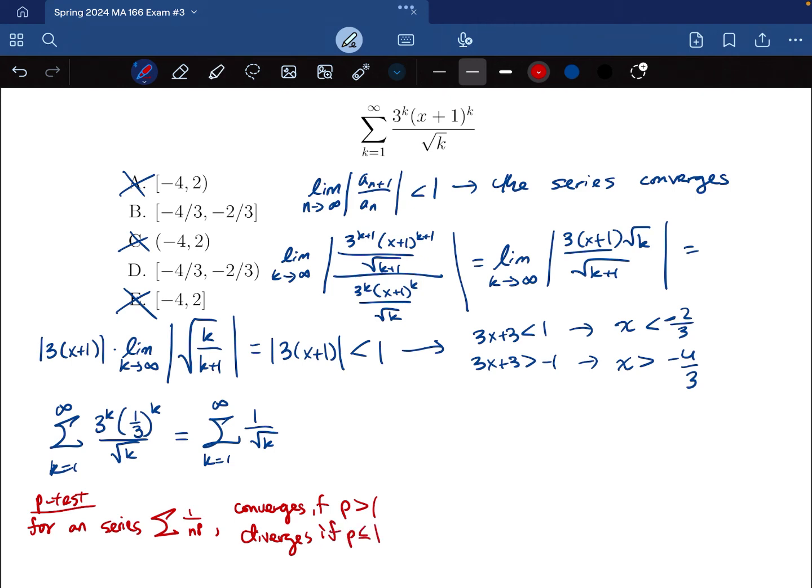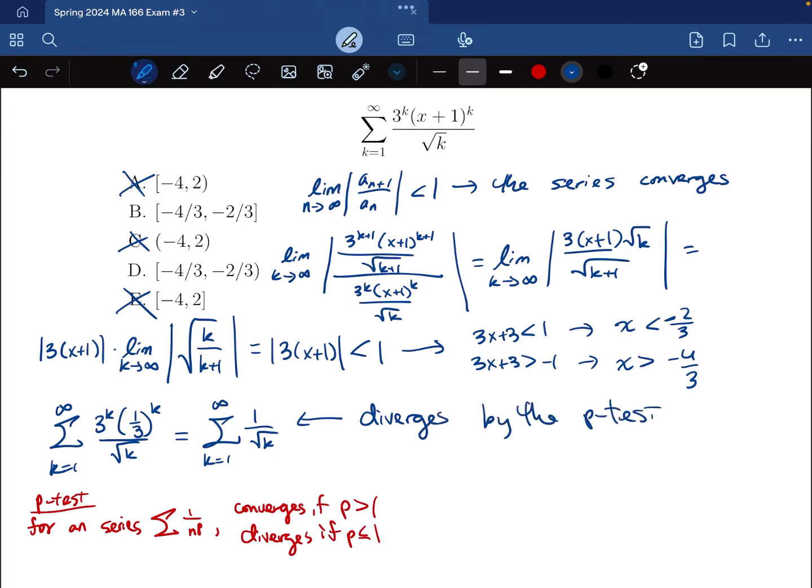So in our case, we have 1 over k to the power of 1/2. 1/2 is less than 1, meaning that this series diverges. So this series diverges by the p-test.